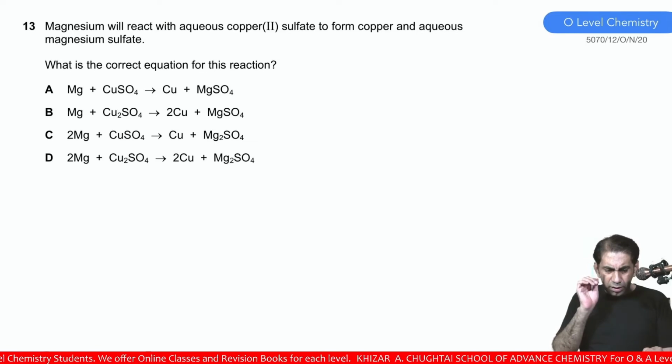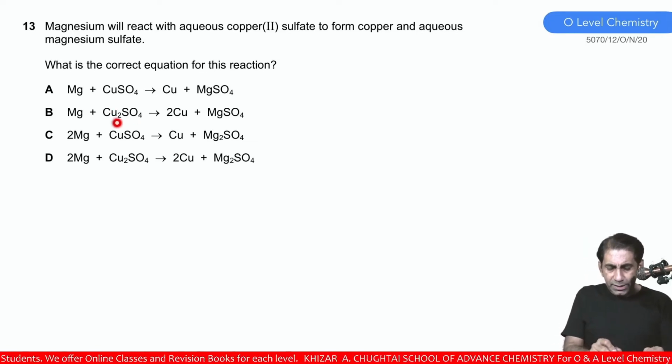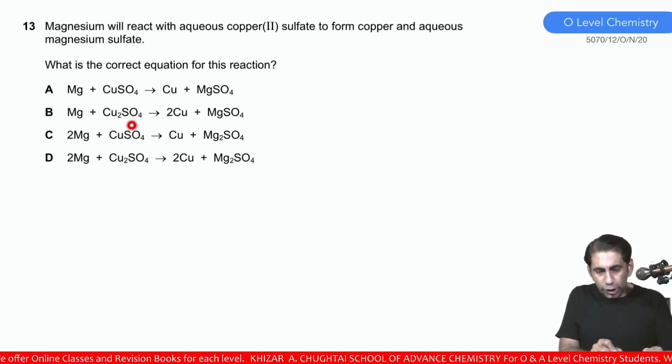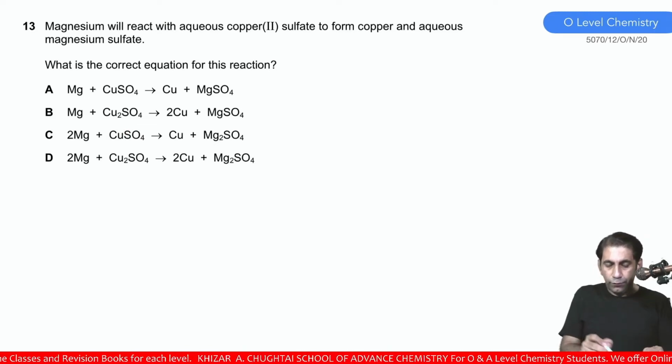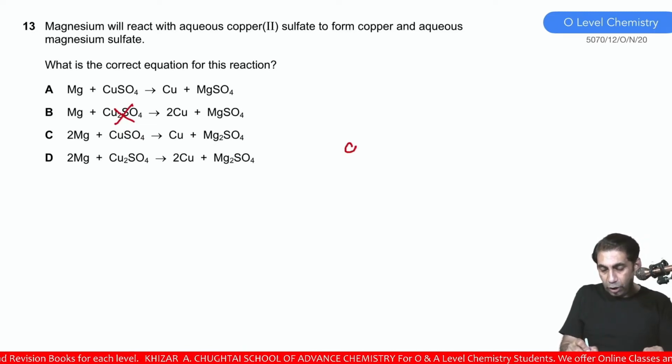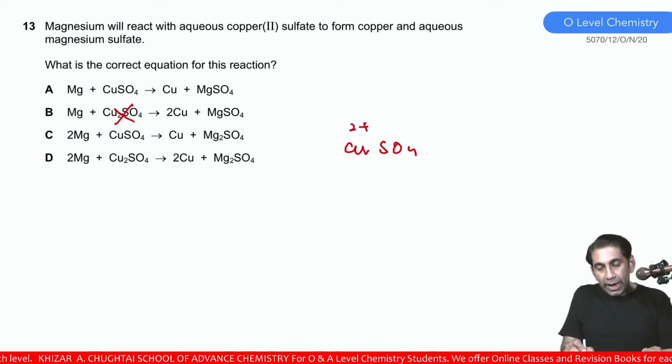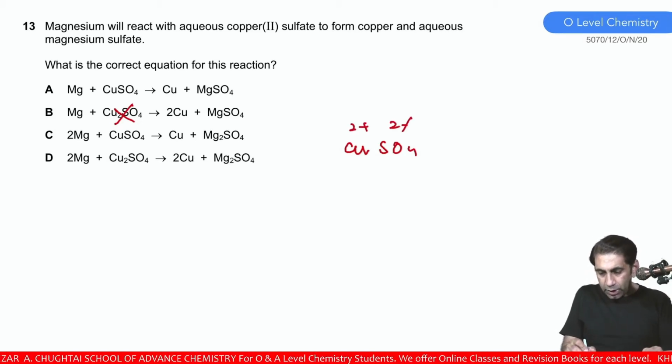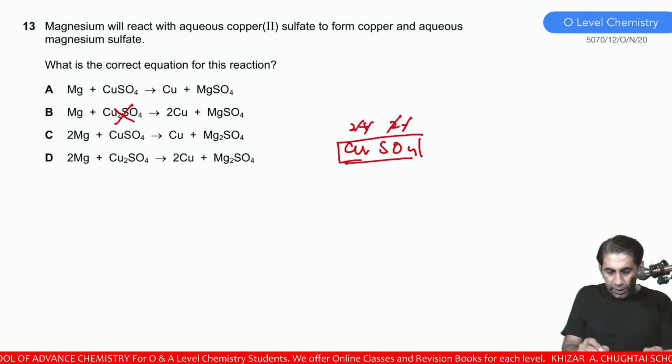Let's see the others. B, magnesium plus Cu2SO4. Cu2SO4 is the wrong formula for copper sulfate. The formula of copper sulfate is CuSO4. As you know, Cu has a 2 positive charge and SO4 has a 2 negative charge, and the charges cancel, so you get CuSO4. So this is the wrong one.